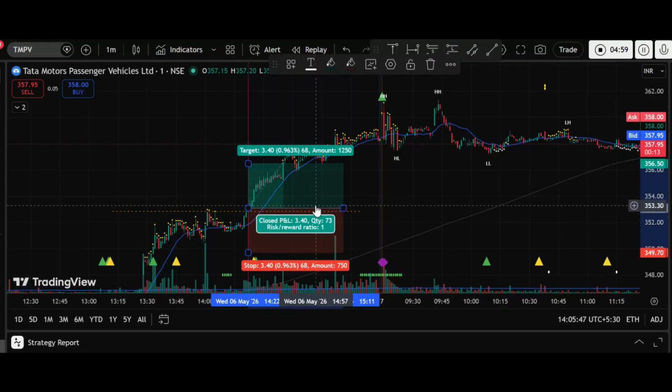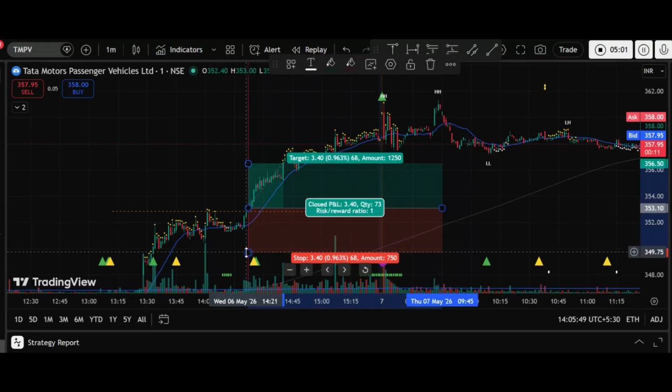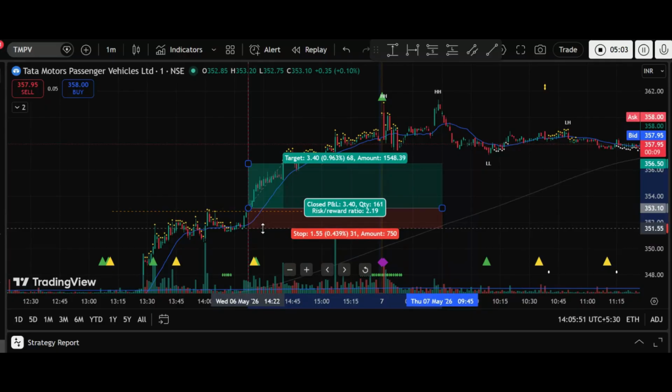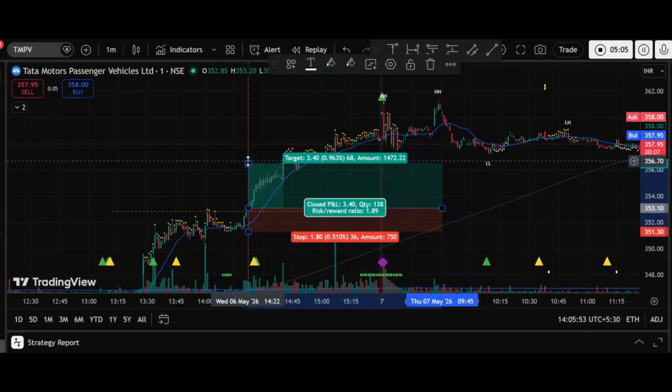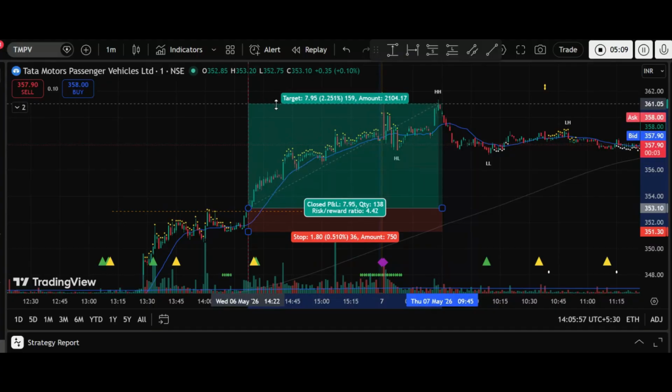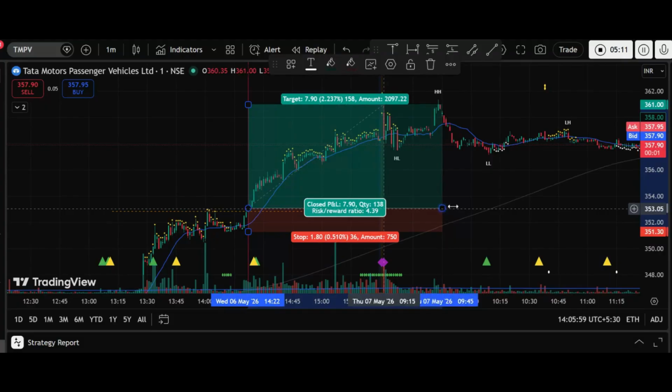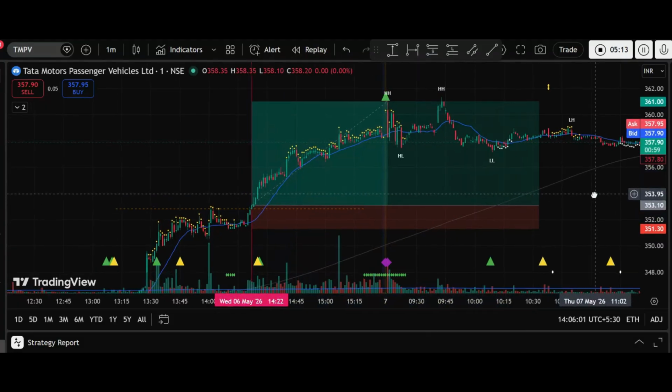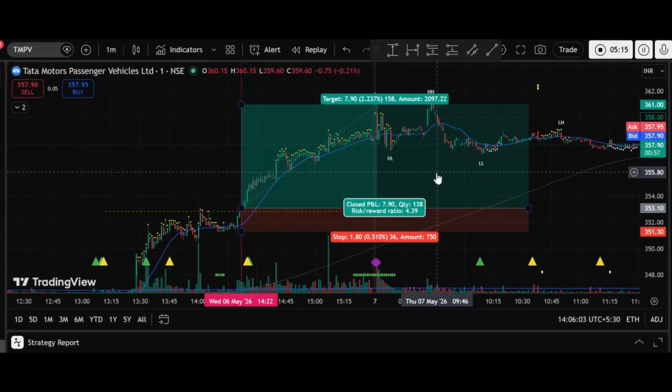Now, 0.5 is generally what I take as an SL because you need to give price the ground in which it can have a good movement and go to your target range.